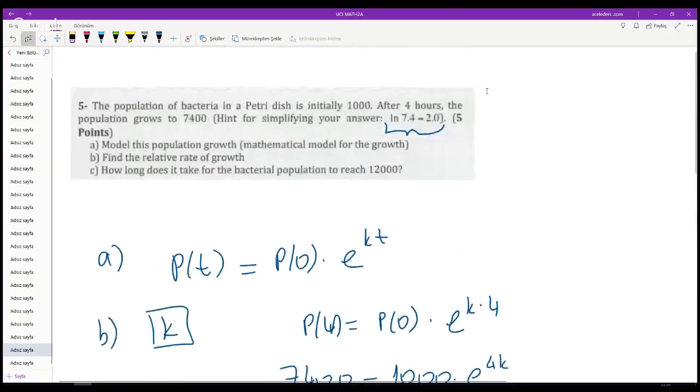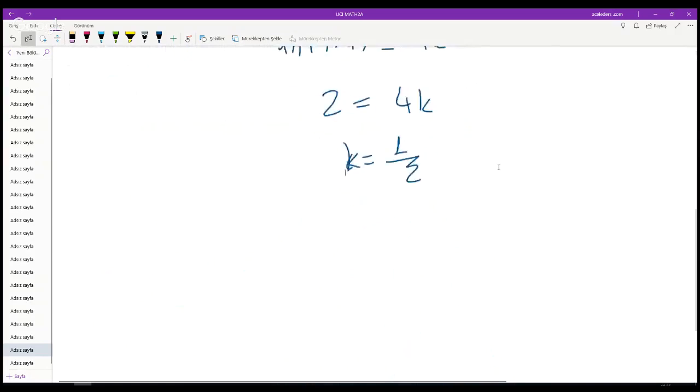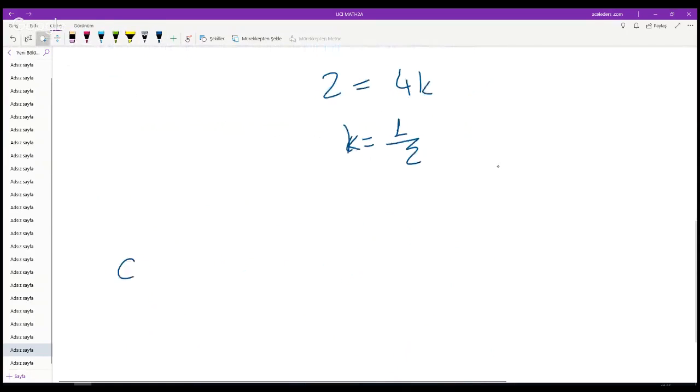So that's so easy. Part c: how long does it take for the bacterial population to reach 12,000? So we have the model again. P(t) equals P0, so 1000 times e to the power 1 over 2 t, right?